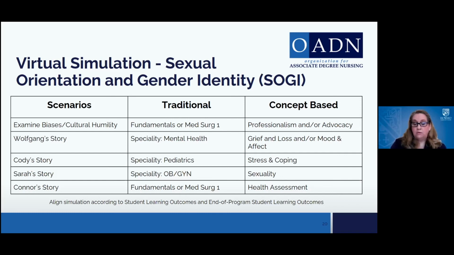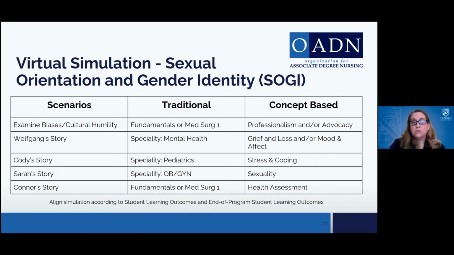Cody's story, which is the pediatric patient, you would think would go somewhere in pediatrics, but it really wouldn't. It would go under stress and coping, which in our curriculum is actually under mental health. Sarah's story would be well placed under the concept of sexuality, which is introduced in the pediatric maternal child concept class number 3.